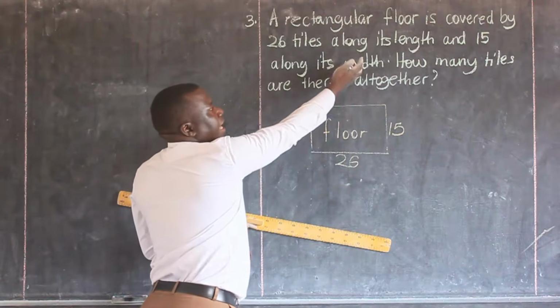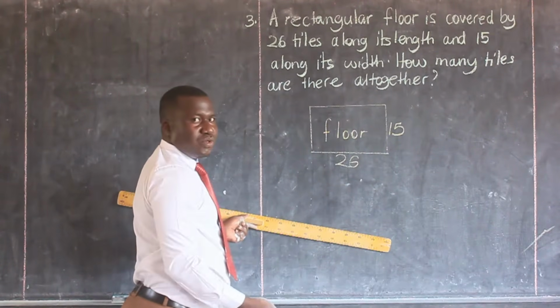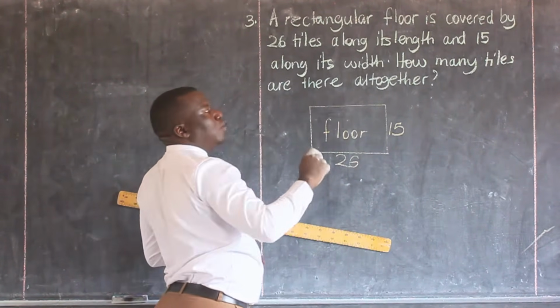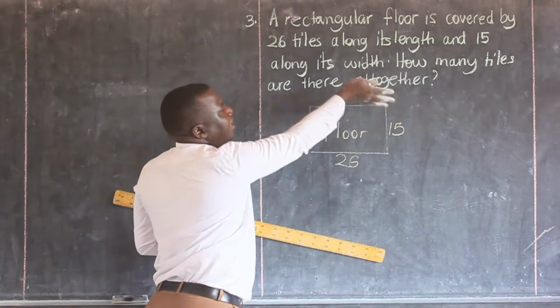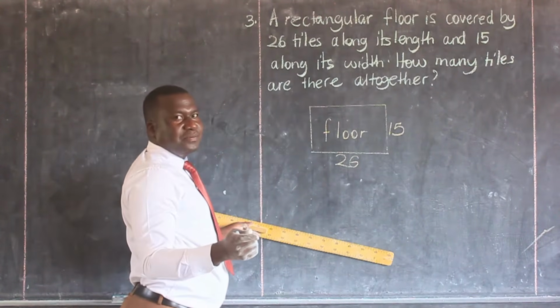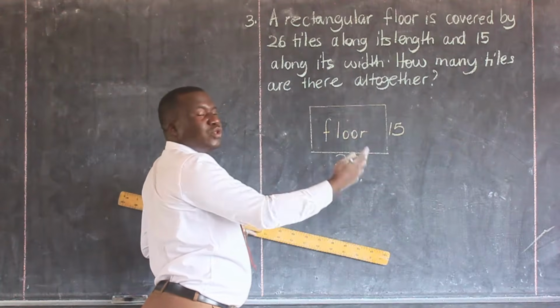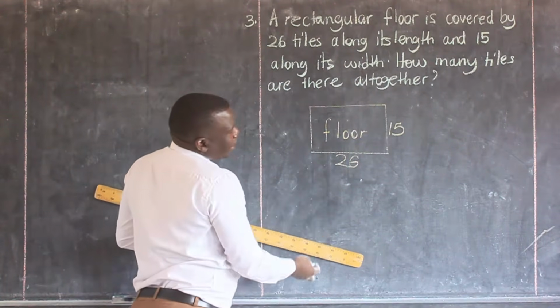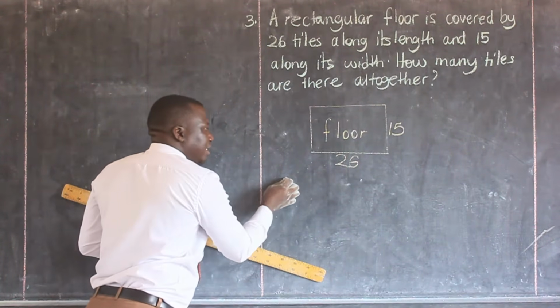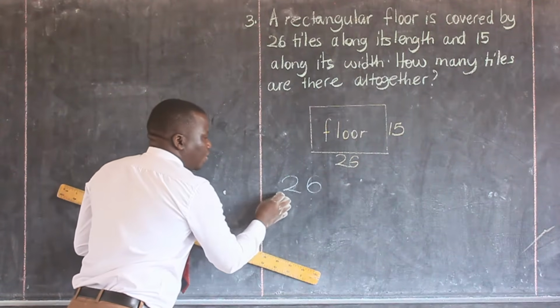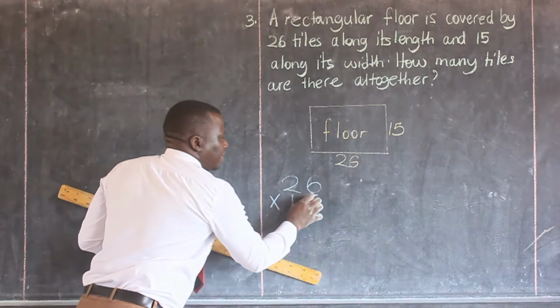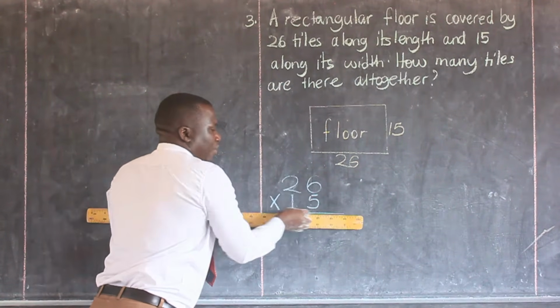It is a comprehension question requiring you to reason with it, because most of you, when you read it, end up adding. But here, they want you to multiply. Okay? So we shall multiply 26 times 15 to give us the total number of tiles.